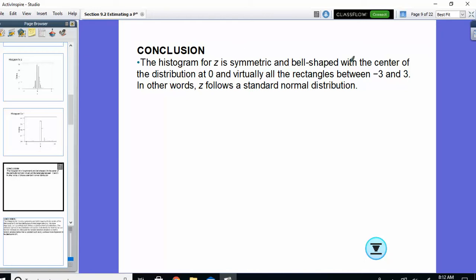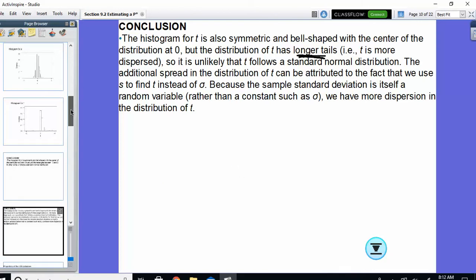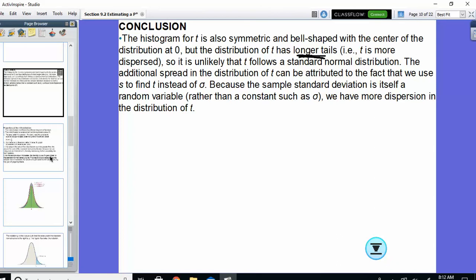So your z is normal and bell-shaped, centered at 0, but that's just our typical normal. But the t, it's symmetric and bell-shaped, but we have the longer tails, so it is not really normal. We have too much dispersion, too much spread. The standard deviation is too big. So that's why we have this t distribution that we're looking at, because it doesn't follow the normal pattern exactly.